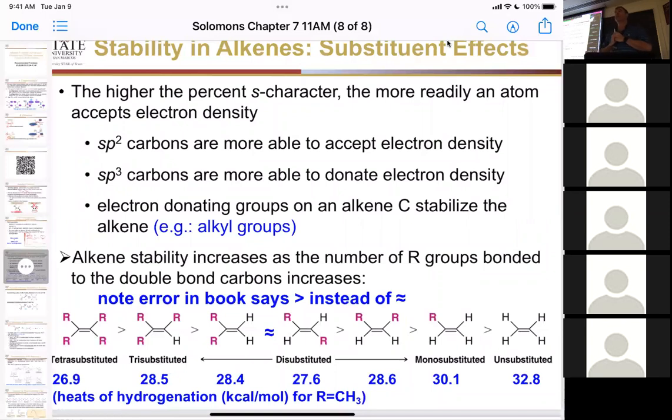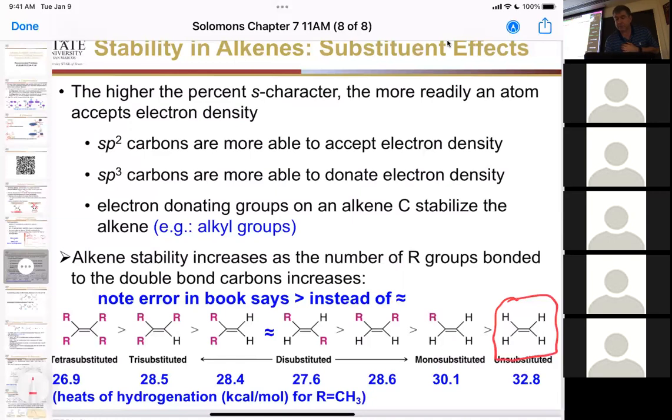That means the carbons adjacent to your double bond, your beta carbons, can donate electron density to your double bond, just like in the stability of a carbocation. If you have no carbons next to it, you have an unsubstituted alkene, and that has to be the least stable alkene we can have, because it's a terminal alkene with no carbons to donate electron density to that double bond.